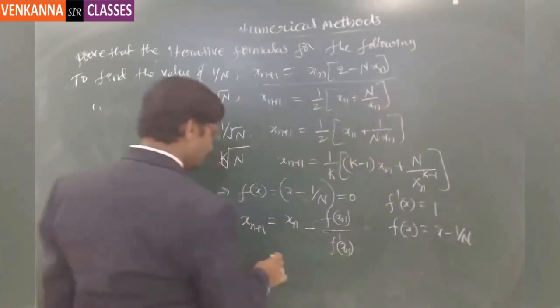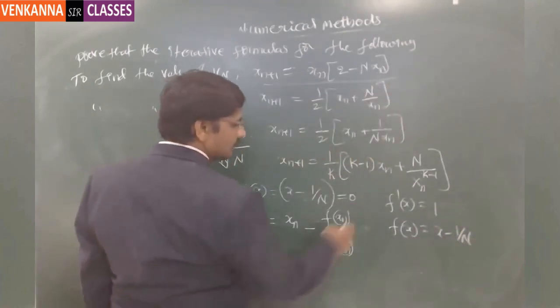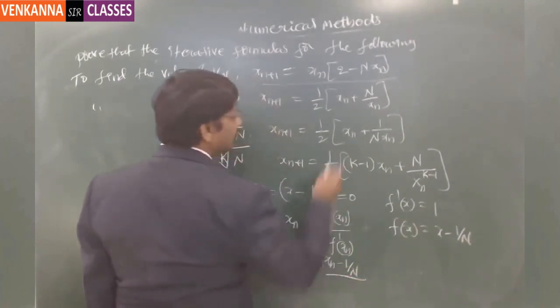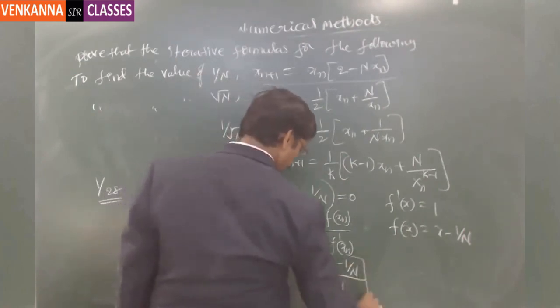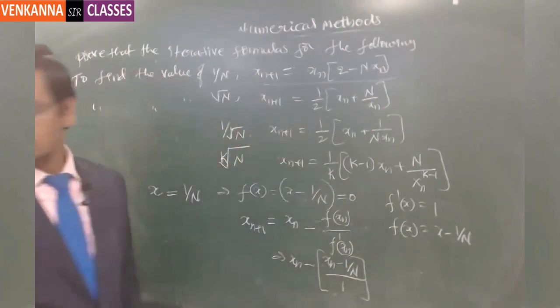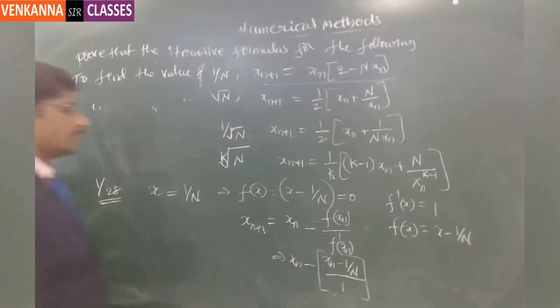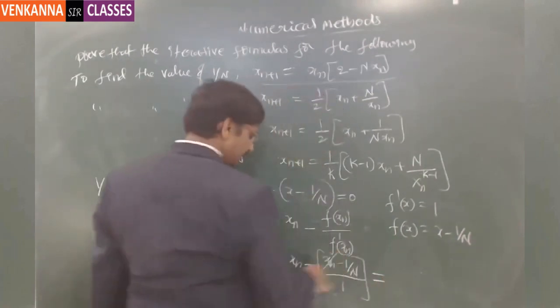If you replace these values, this is x n minus x n minus 1 by n, divided by f dash of x n, which is 1. Got it? Here you are getting the same value, so this x n will cancel out 1 by n.